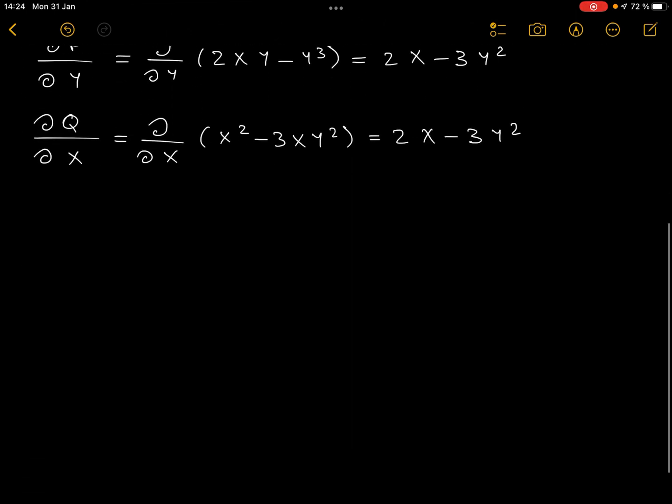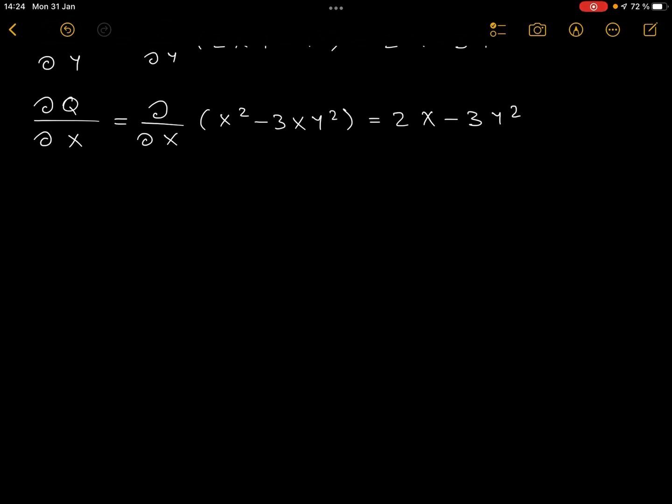So how do we go about solving exact differential equations?